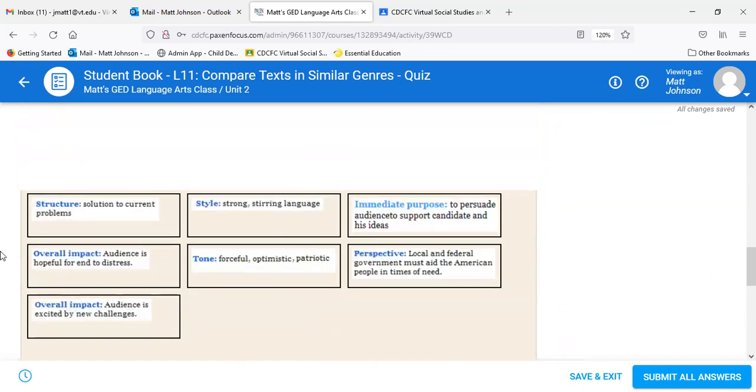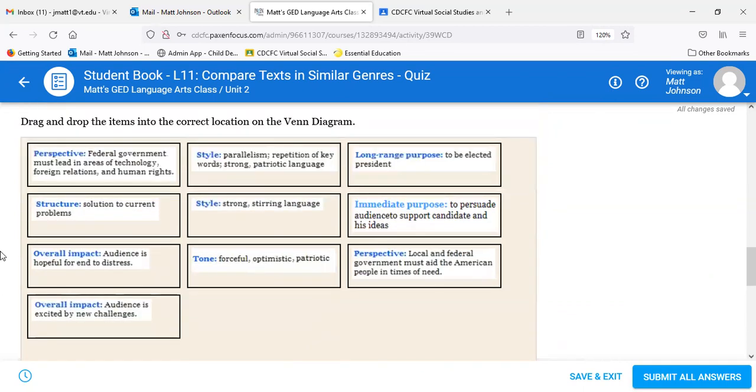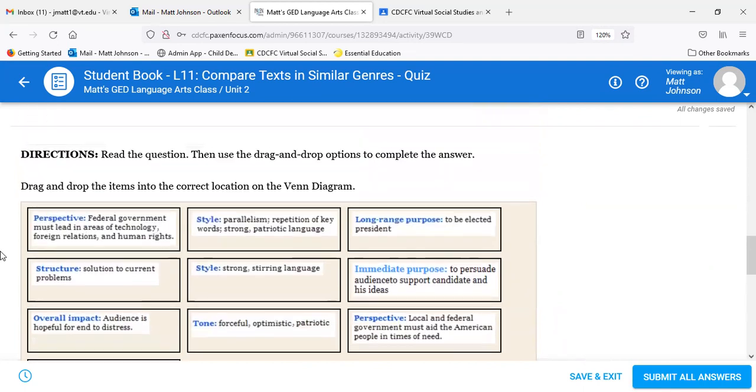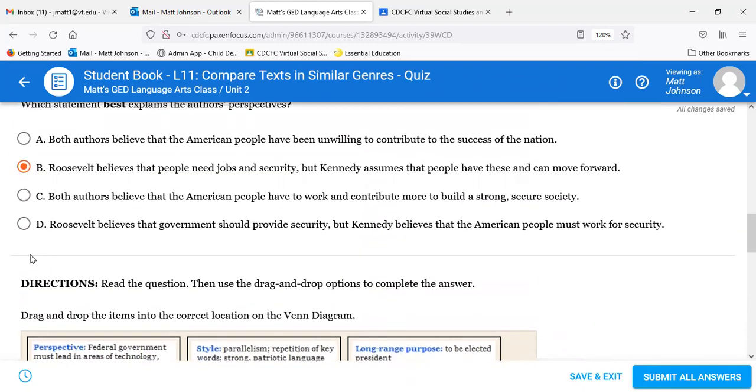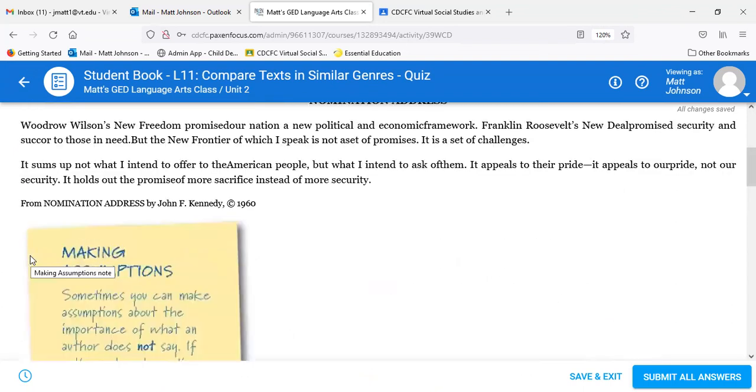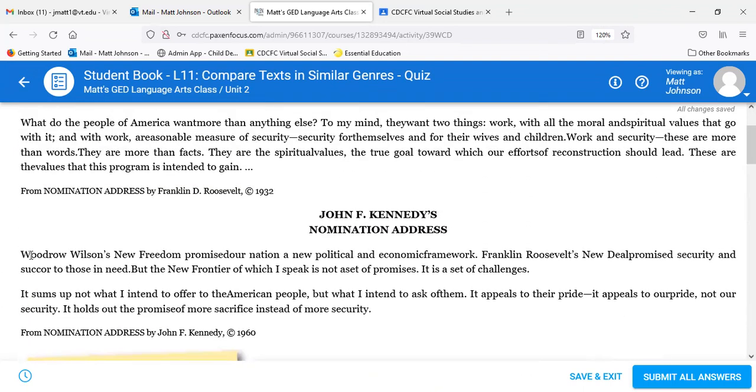The next one is perspective: federal government must lead in areas of technology, foreign relations, and human rights. Who stresses that? That's Kennedy again.